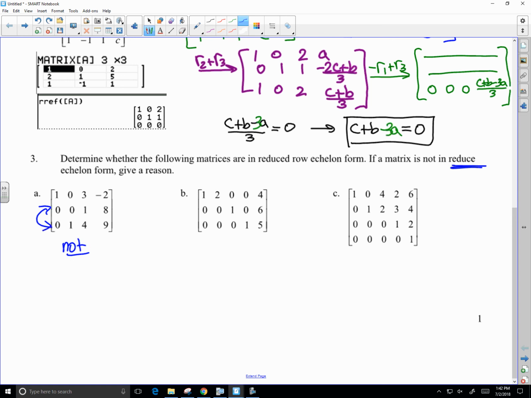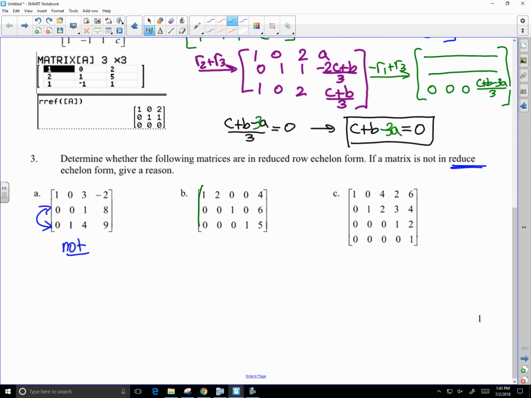The second one, let's see, pivot values look good. Zeros below the main diagonal, true. Pivot values are the only non-zero value in the given column. True, true, true.